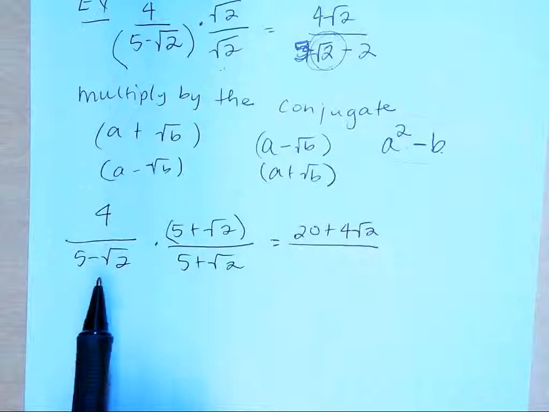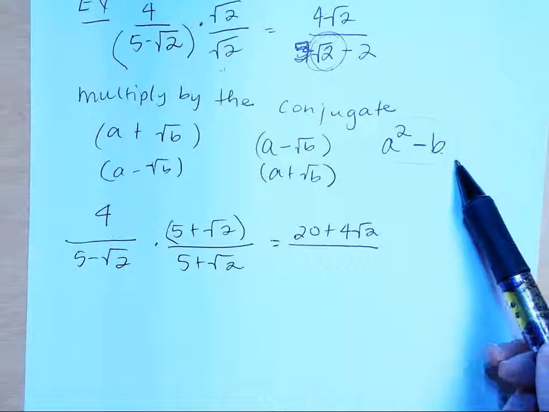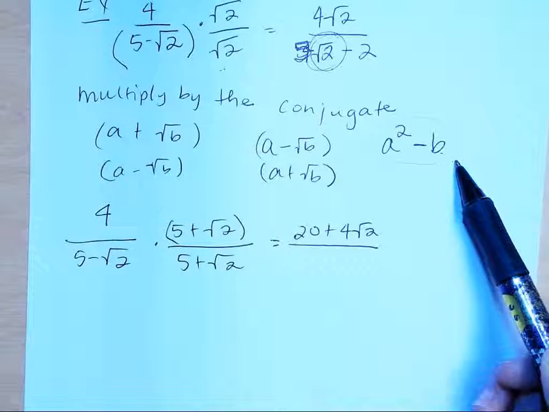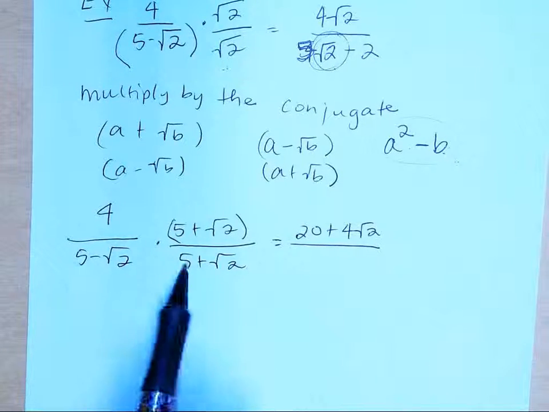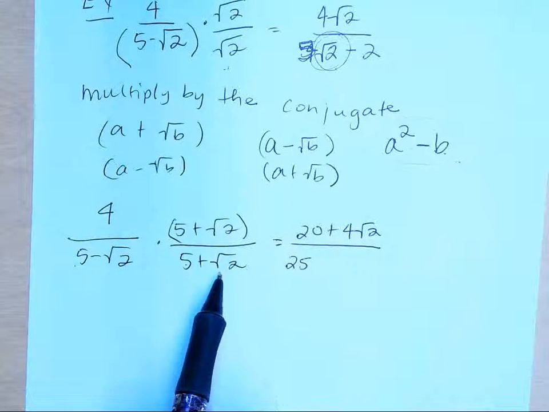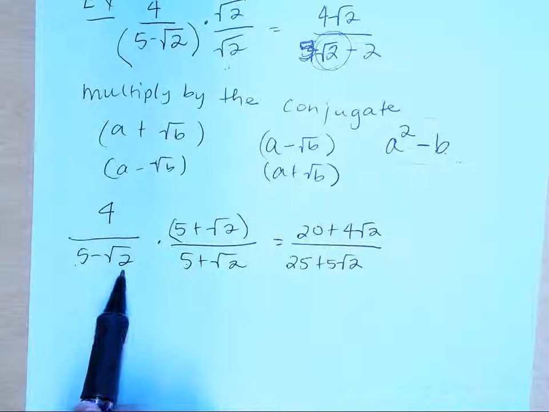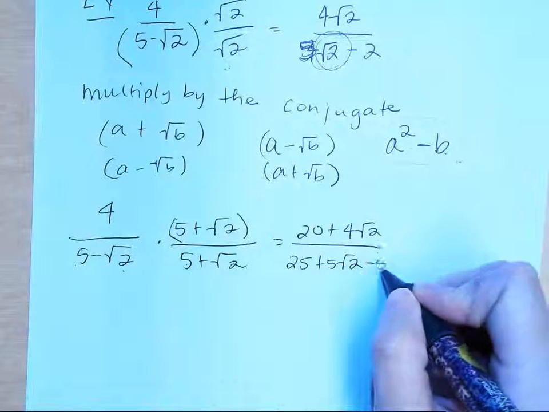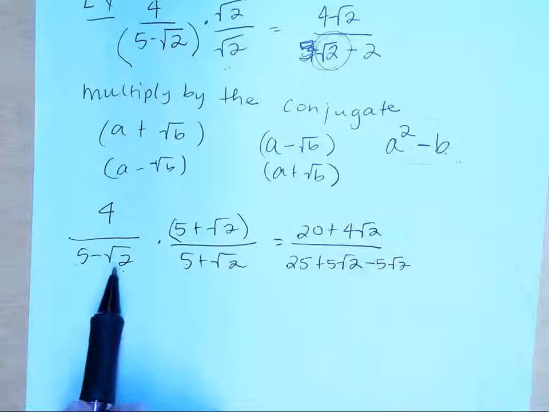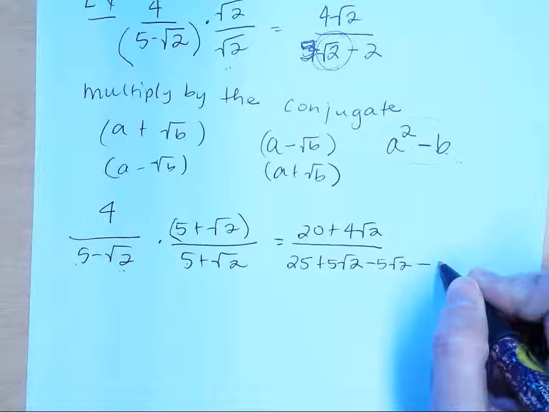On the bottom, you can multiply it out by distributing, or you can remember this relationship. It doesn't matter. I'm going to do it by distributing. So you have 5 times 5 is 25. 5 times root 2 is 5 root 2. Negative root 2 times 5 is negative 5 root 2. And negative root 2 times root 2 is negative what?